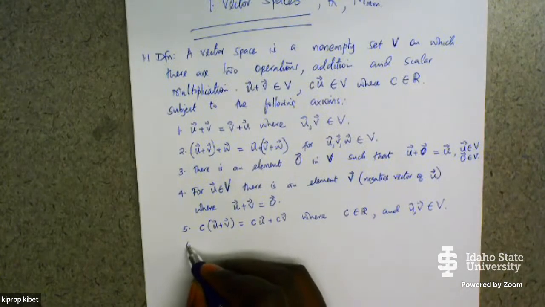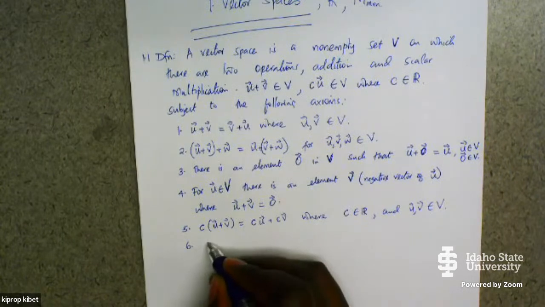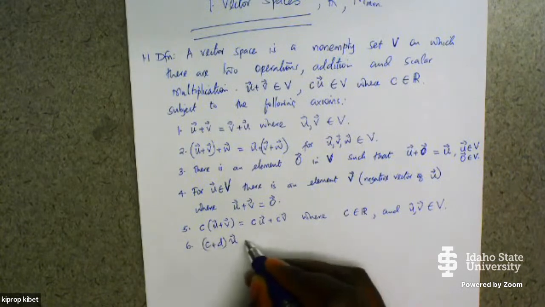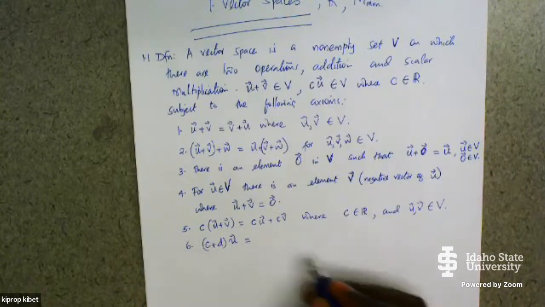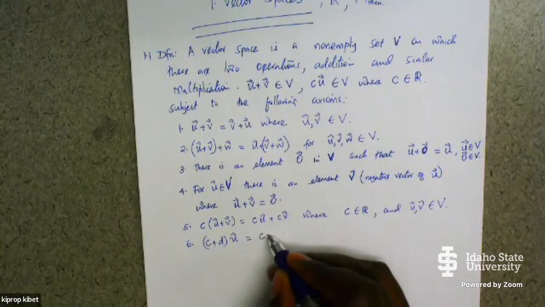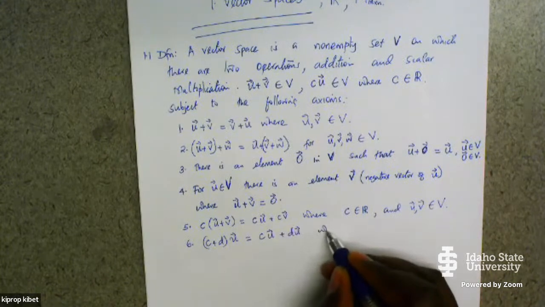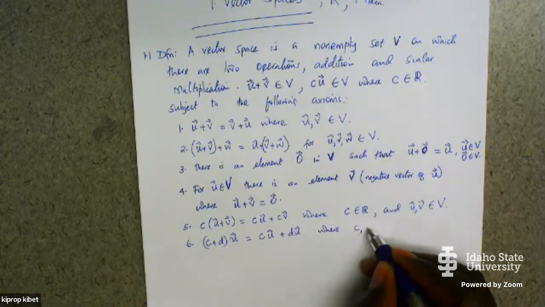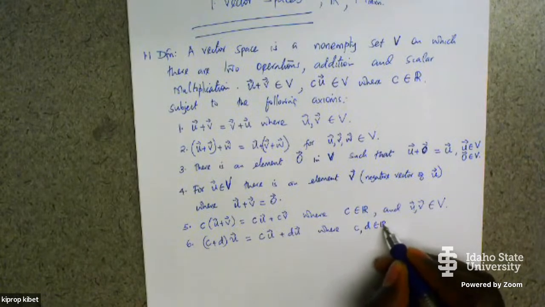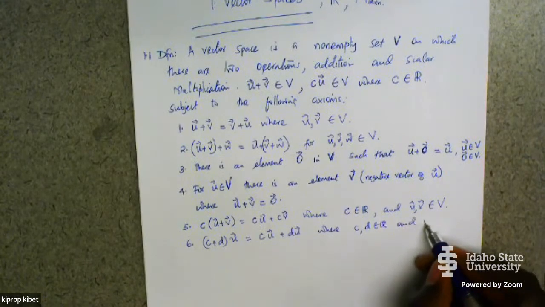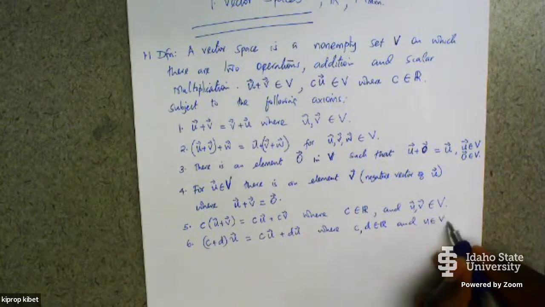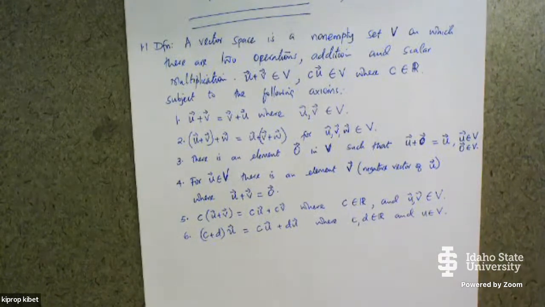Number 6, (c plus d)u, we can distribute the vector, where we get cu plus du, where c and d are elements of the real numbers and u is an element of the whole vector space.